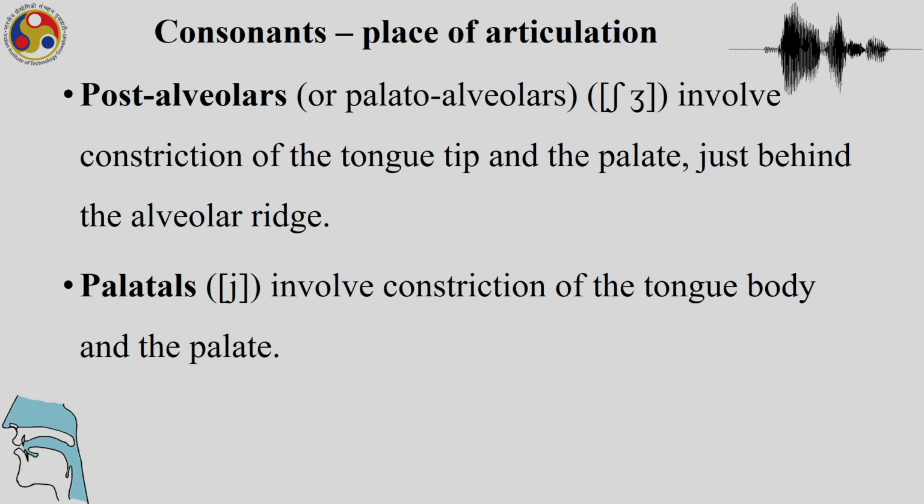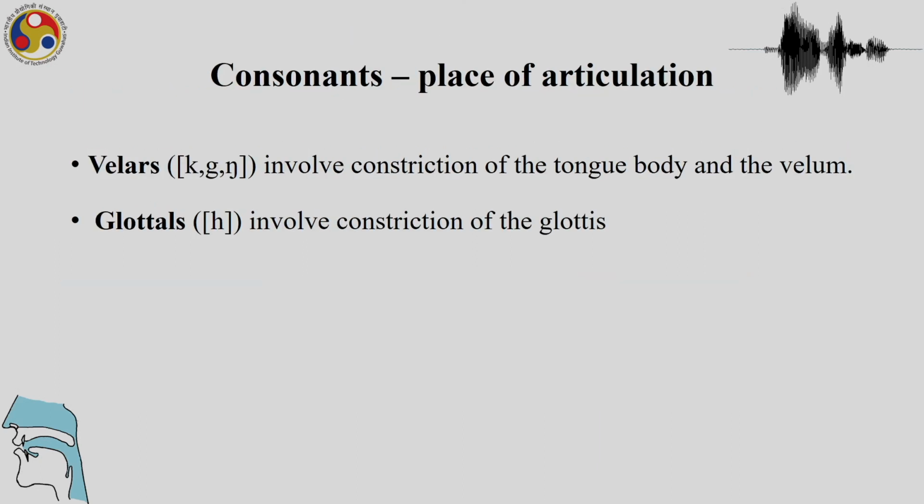Then there are post-alveolars like sh, zh in English, which involve constriction of the tongue tip and palate just behind the alveolar ridge. Palatals involve constriction of the tongue body and the palate. Then we have the velars, where the tongue body makes a constriction in the velic region. And then we have glottals, which involve constriction of the vocal folds.